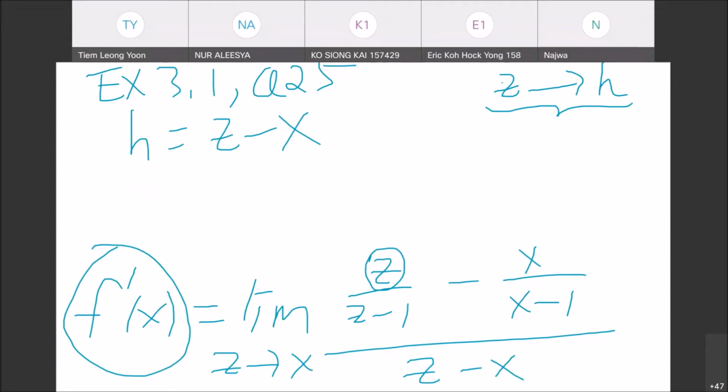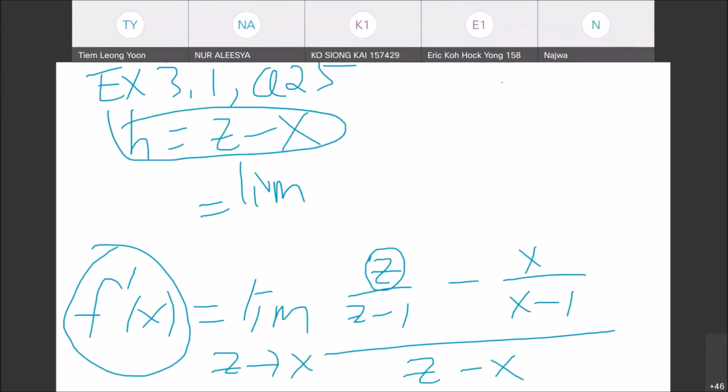By redefining my z, I'll be able to rewrite this as a limit. Since h is defined like this, it follows that if z is getting close to x, it simply means that h is shrinking to 0.